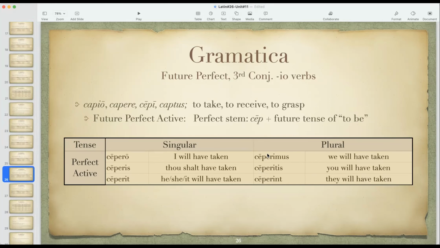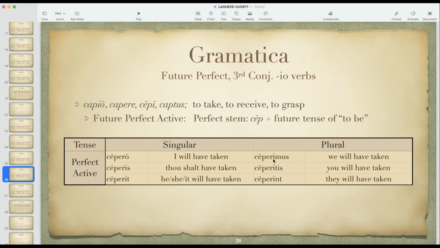So the accent on these two guys is on the E. The accent on this guy is the third, and the accent here is on the third. Again, the rule is, you look at the last vowel, you ignore it for the accent. You go to the vowel before that. If that vowel is long, as it is in a lot of the imperfect endings, then that's where the stress goes.